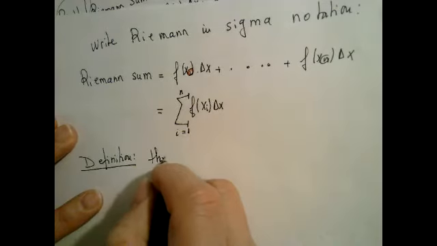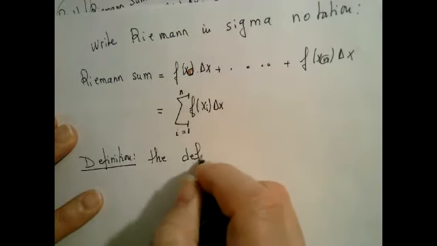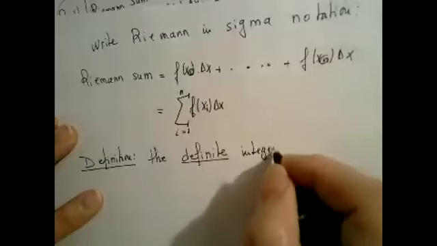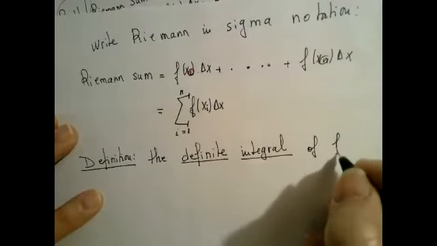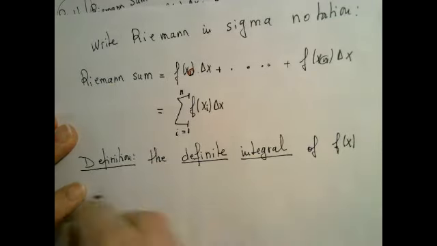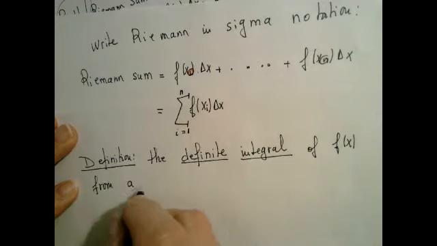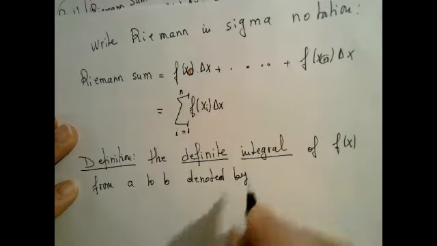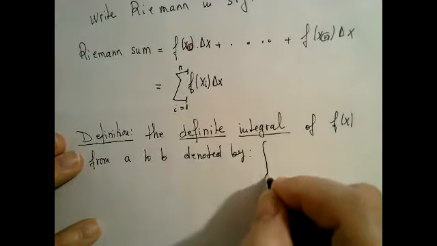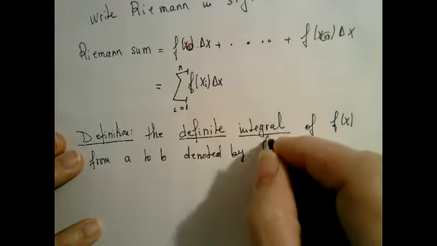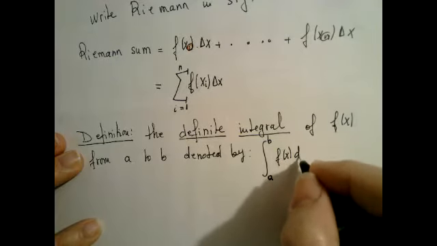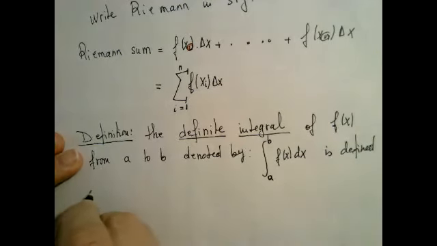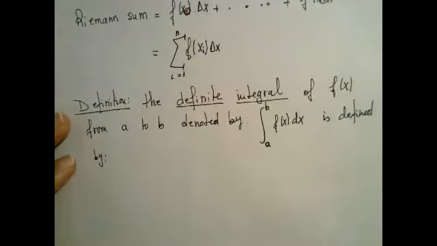So the definite integral of f from a to b, denoted by, and that's the notation, the wiggly sign with a, b, f of x dx, is defined as follows. Okay, so now the definition, that's the only definition.